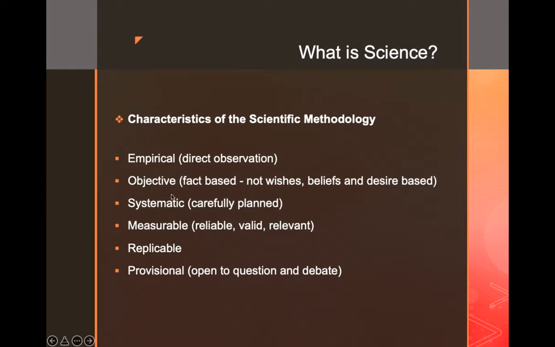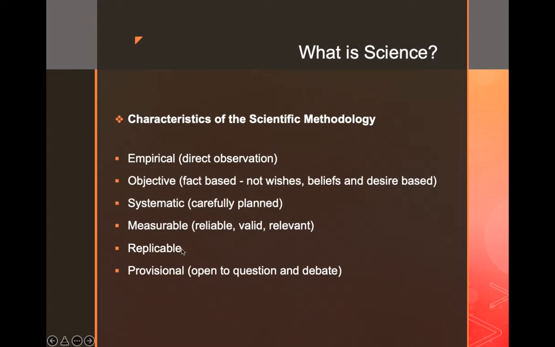So, the characteristics of the scientific methodology, in summary, are that it has to be directly observable, in other words, empirical. It has to be fact based, in other words, objective. You have to carefully plan it to study it, in other words, systematic. And it has to be something that you can rely on, it's valid, and it's relevant to what you're looking for, which are key tenets of being measurable.